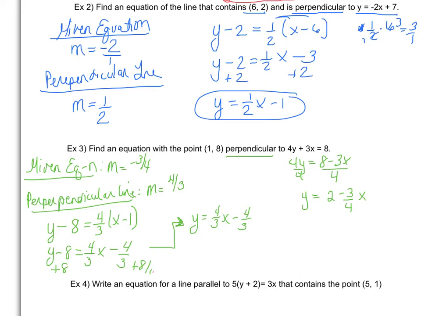So I'm going to multiply top and bottom by 3, leaving me over here plus 24 over 3. So I get y equals 4/3 x, combining my two constant terms, a negative 4 and a positive 24, signs are different. I subtract to keep the sign of the bigger number, and I get plus 20 over 3. And that will be the equation of a line perpendicular to 4y plus 3x equals 8.